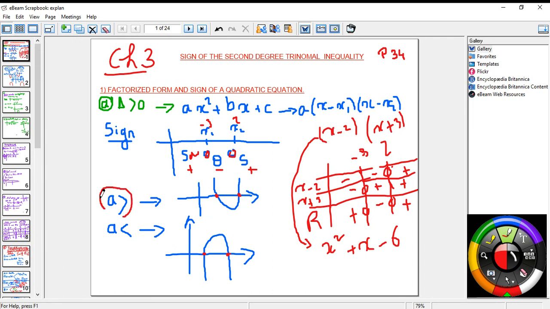When I say A positive, the function is upward, and here are x1 and x2. Can you see it? x1 and x2. A is positive. If you look at all the roots before this one, this part here, what is the value of y of those?